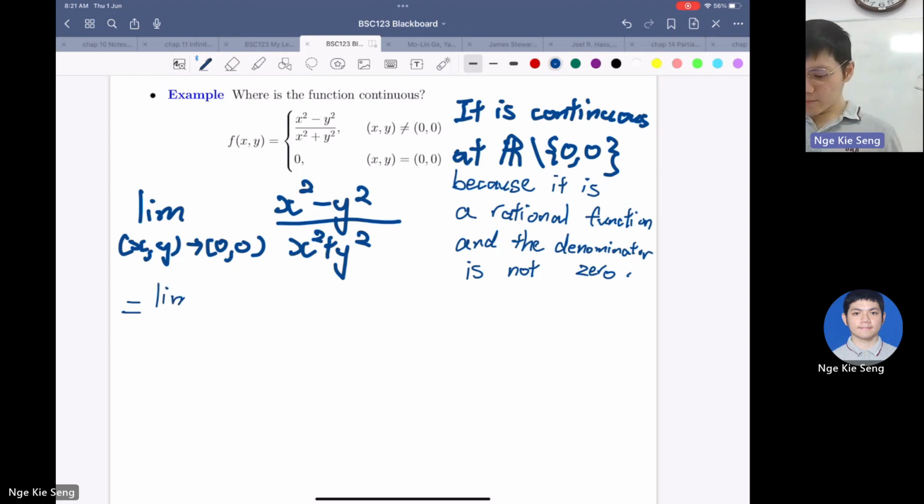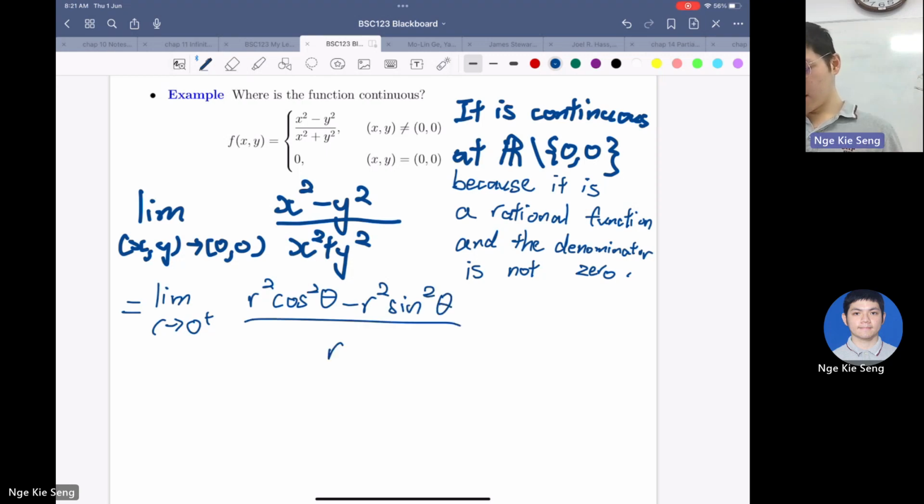So if you use polar coordinates, what happens? You get r squared cos squared theta minus r squared sine squared theta over r squared, which is equal to cos squared theta minus sine squared theta.